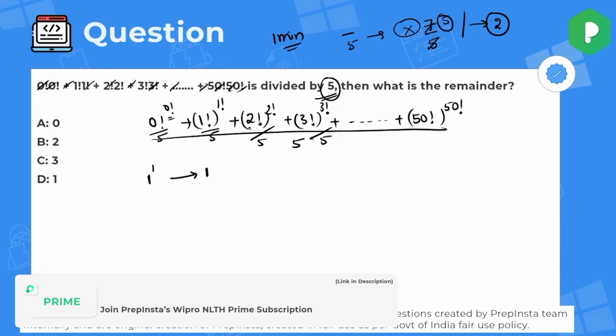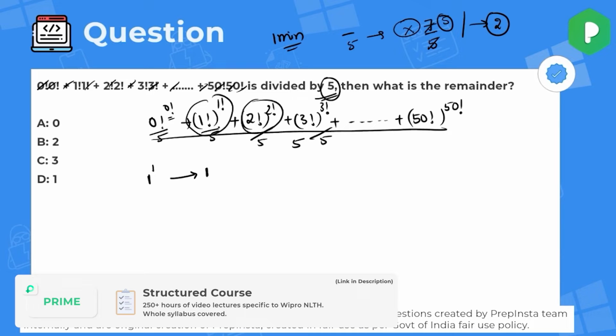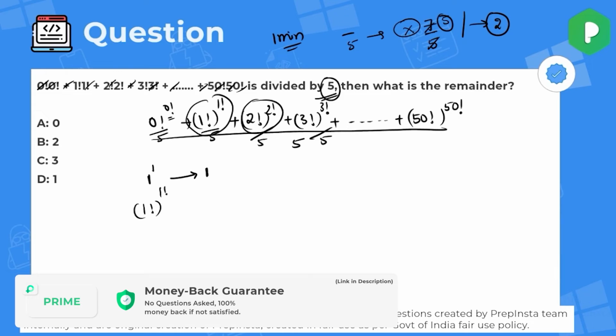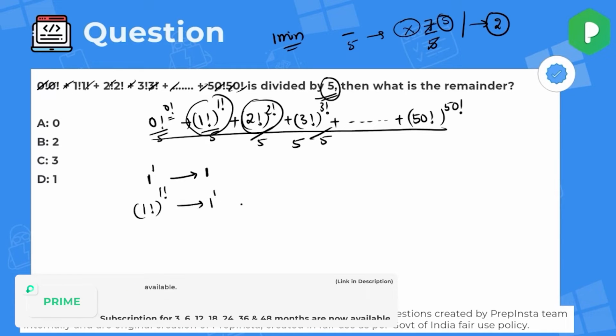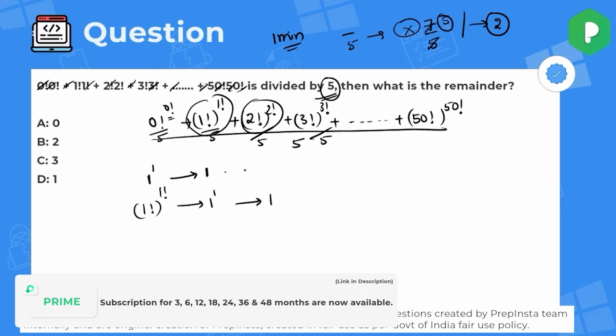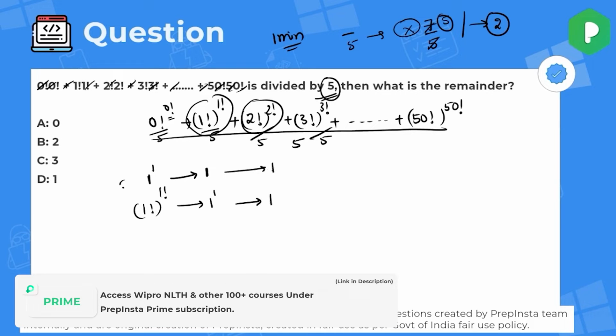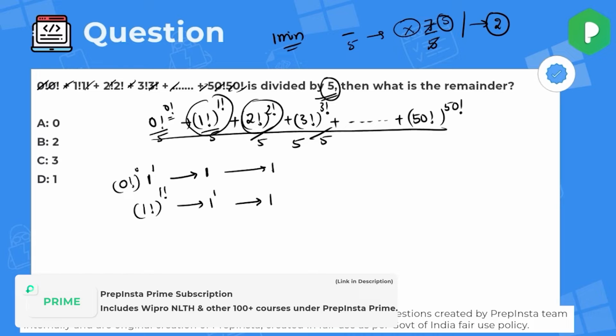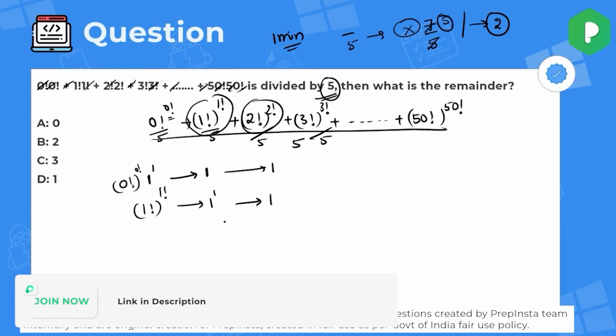That's why I am finding the individual unit digits of each and every term. Now 1 factorial whole power 1 factorial. 1 factorial is 1, and again 1. So 1 power 1 is again 1. So for 0 it is 1, and for 1 factorial also it is 1.